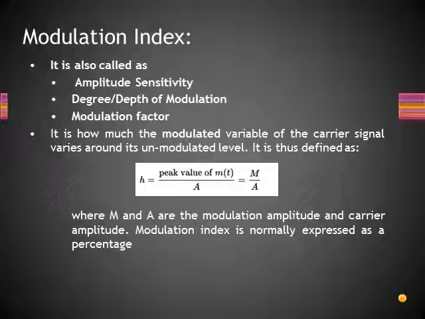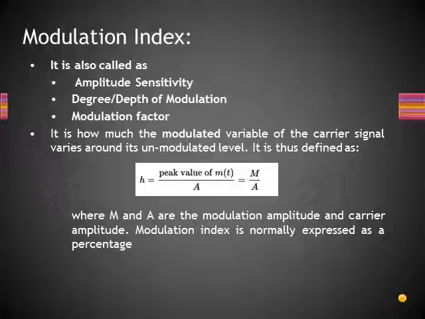Now the modulation index is defined as how much the modulated variable of the carrier signal varies around its unmodulated level, and is represented as the ratio of the highest value of modulated amplitude to the carrier amplitude.